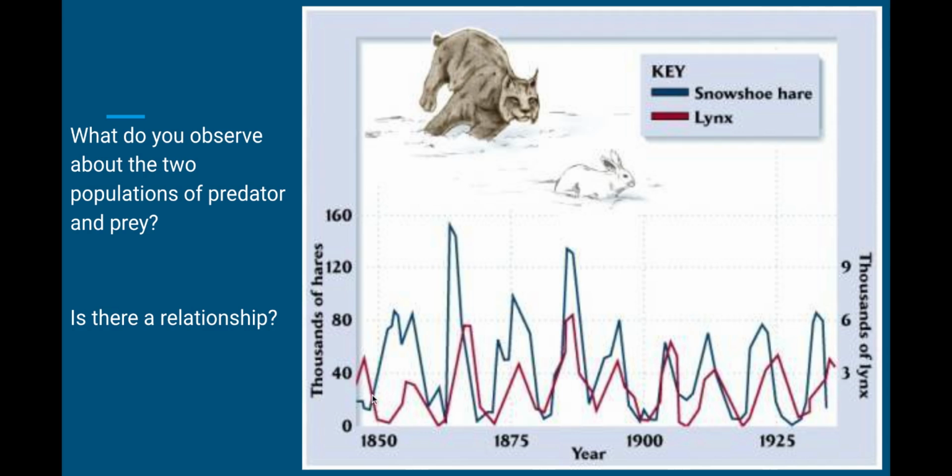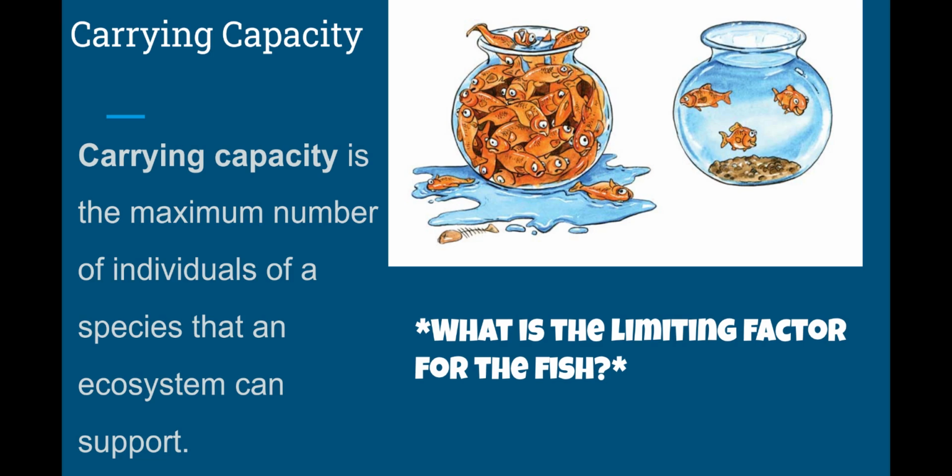As the lynx die off because there's not enough food for them, that allows the population of snowshoe hare to go back up. And when that happens, you see an increase in lynx. Once the lynx increase, the snowshoe hare population dies off, and then the lynx follow. And once the lynx follow, the snowshoe hare population goes back up. So you guys can see there's a very clear relationship going on there.